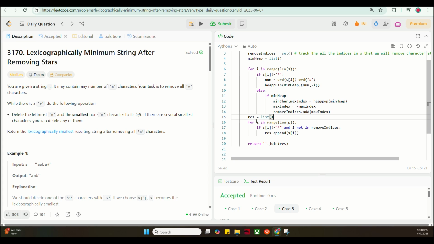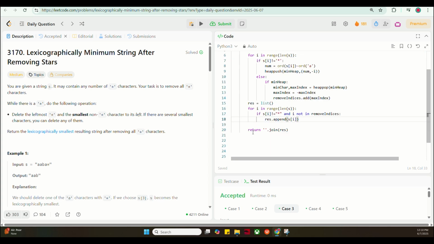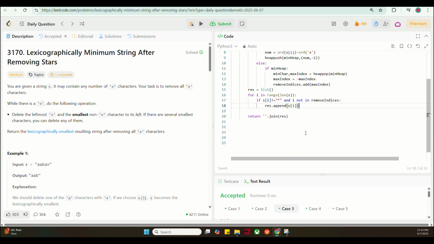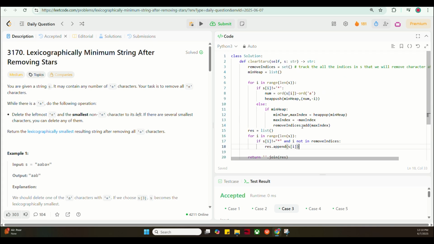After going through the whole string, we construct the resulting string. We go through the string again, and only append the characters that are not stars and not in the remove indices.